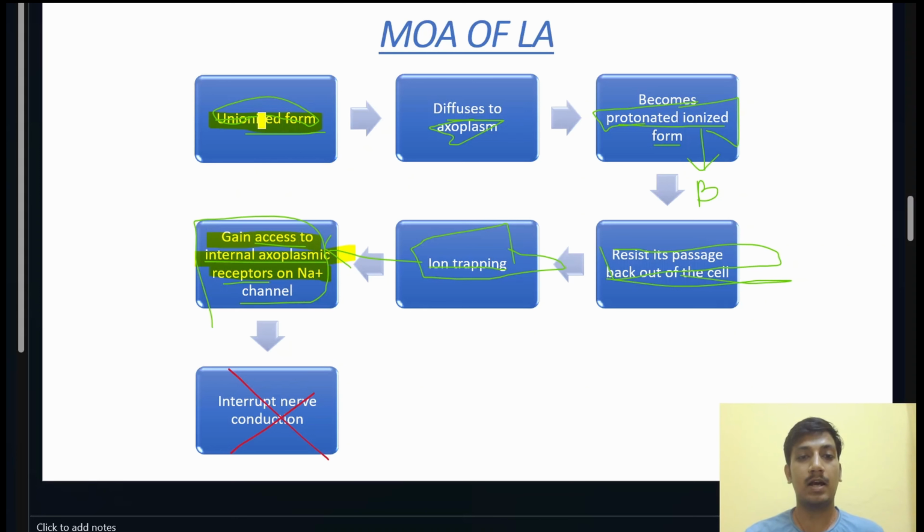The difference is that the unionized form enters into the axoplasm, but the ionized form remains outside, and from there it blocks the nerve conduction.